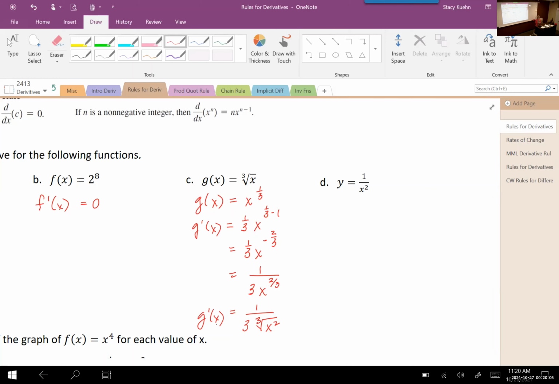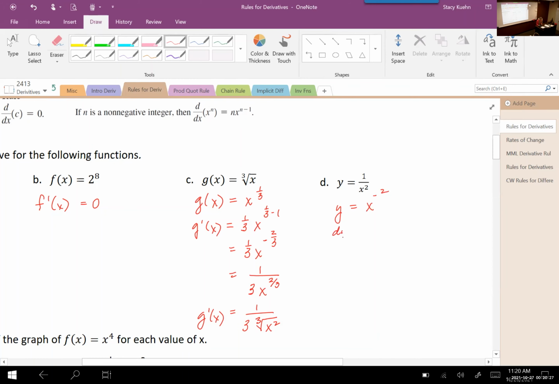So let's look at the last one there then. It says y is equal to 1/x squared. So let's just change that to be equal to, y is equal to x to the -2, right? So I have a base raised to a negative exponent because I moved the base.